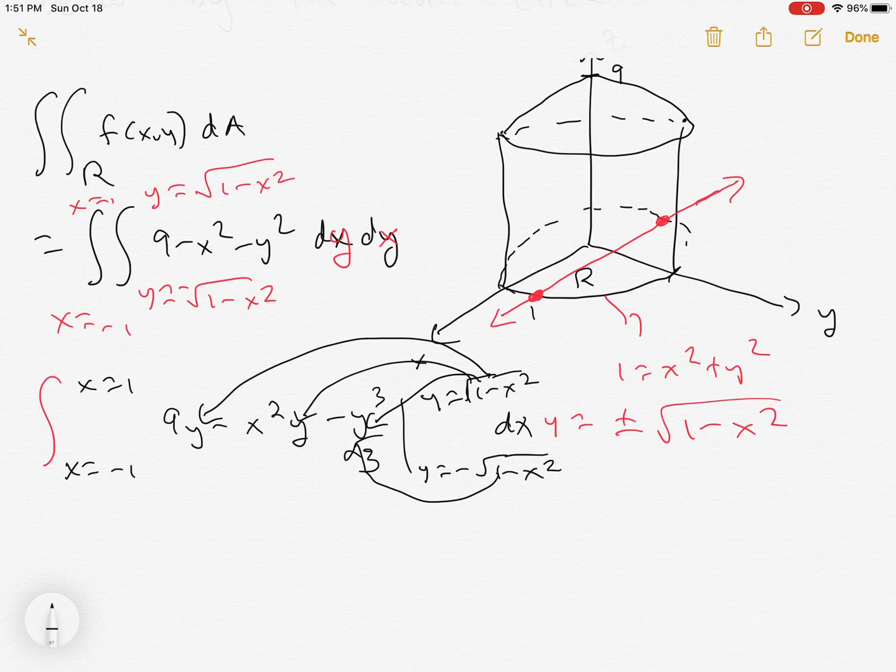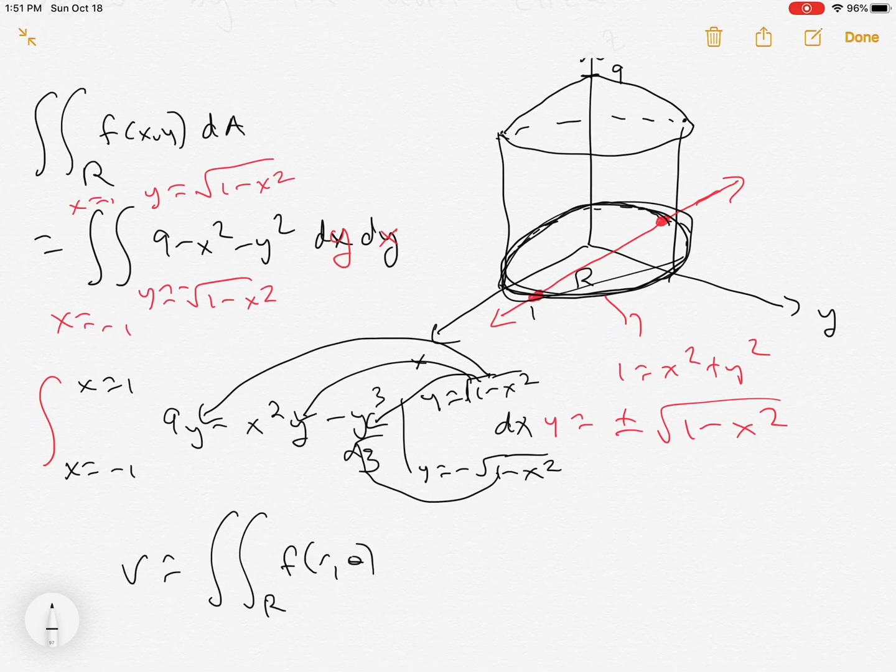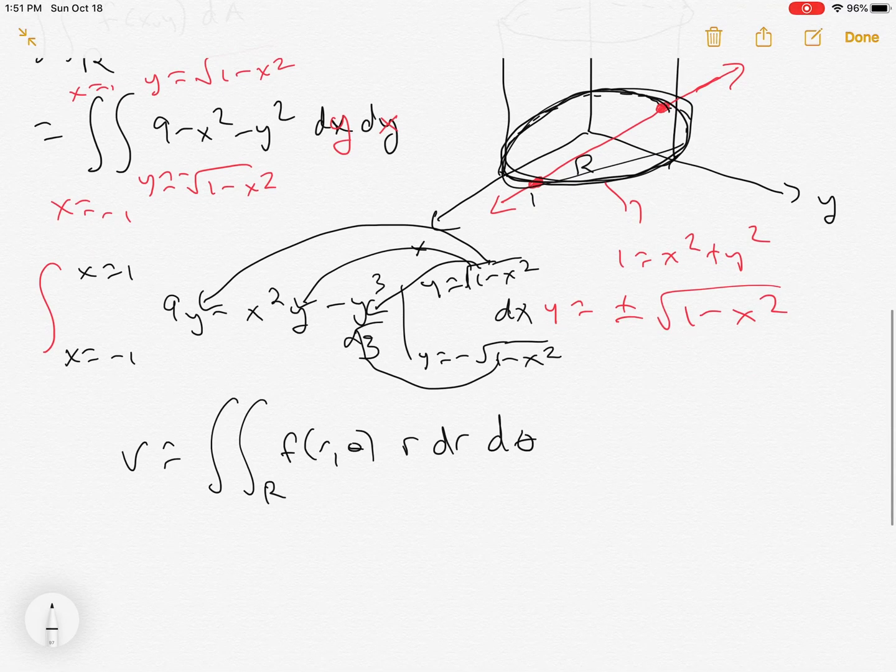Let's think to ourselves, this is just a circle, so in polar coordinates it's a constant function. So now let's rewrite this volume like this, and we have our region R, and we're going to do this f of r theta r dr d theta. We're going to do this in polars. Okay, so first, let's get our limits of integration.